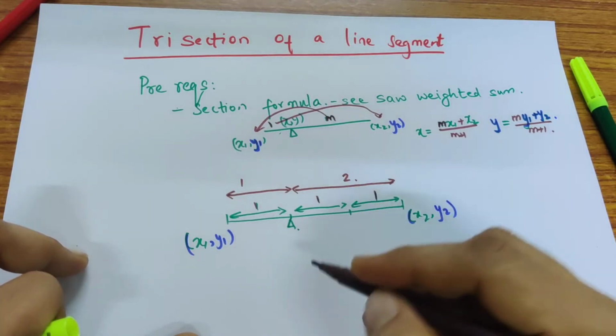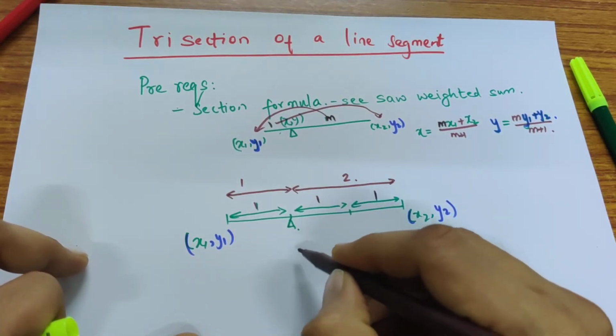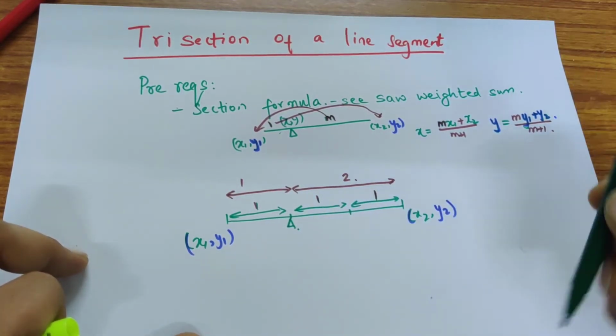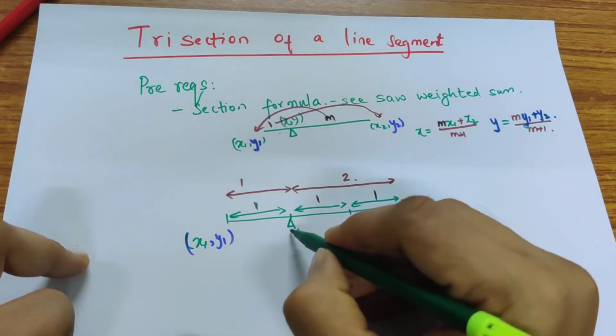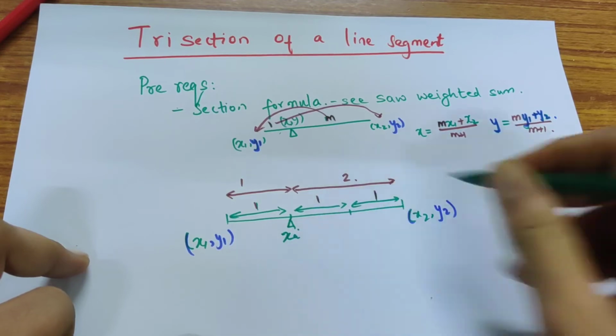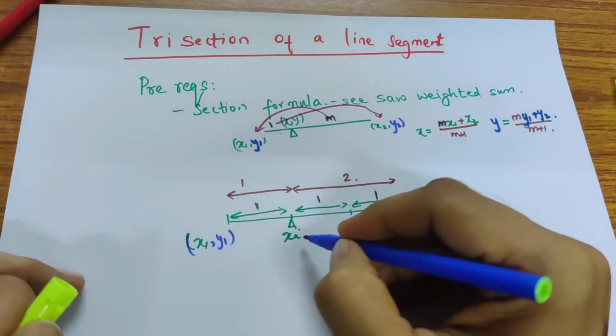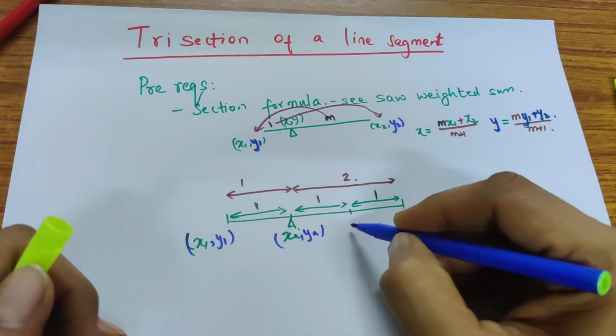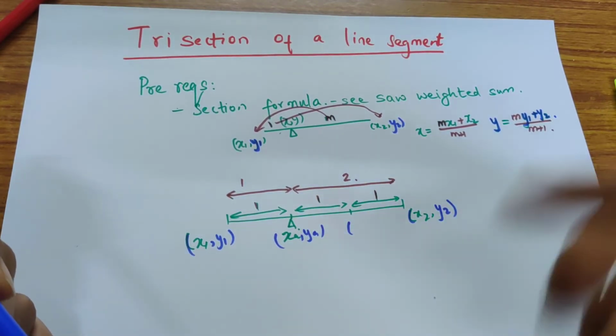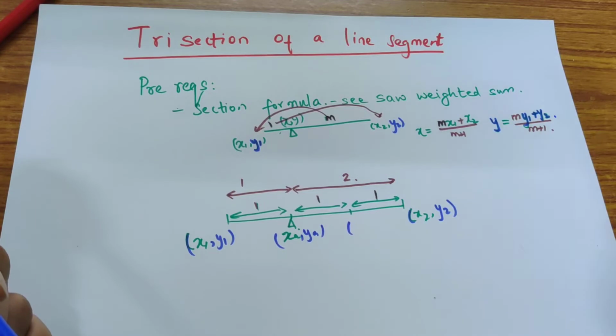So if I apply the section formula, that means the first point, now what should we call the first point? I'm going to call it xa, ya. I'm going to call the second point xb, yb, but we are not there yet. So let's look at xa, ya.